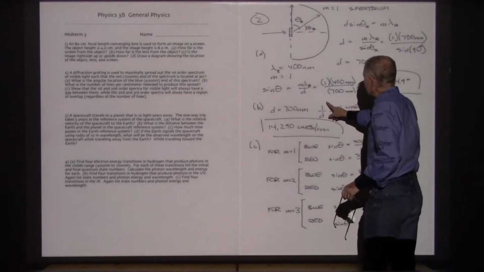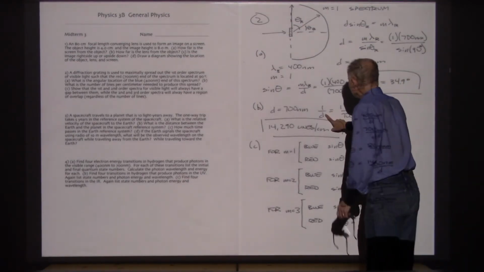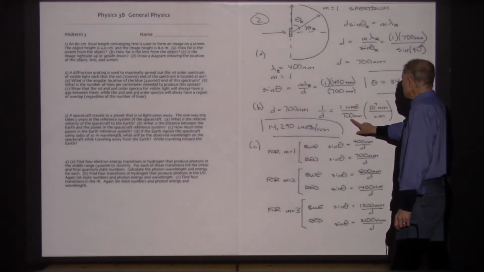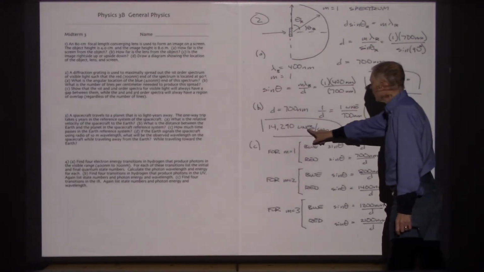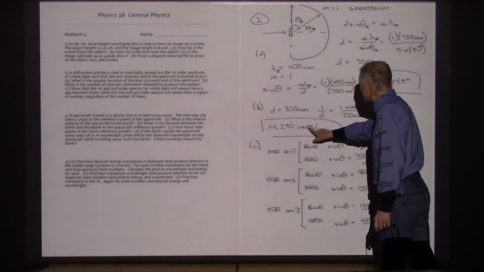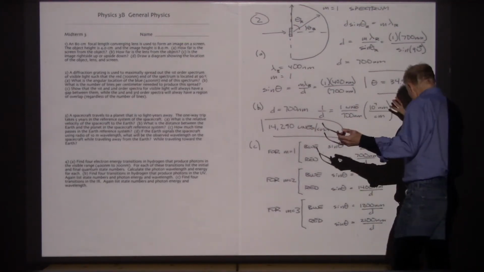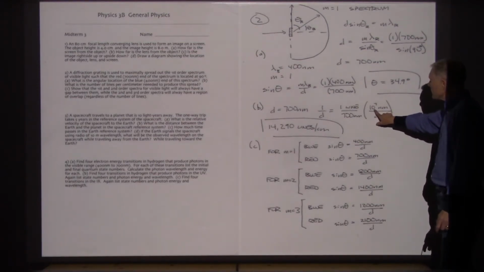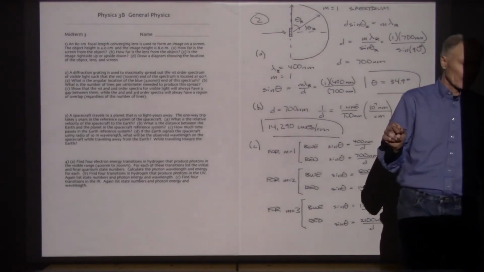So what I'm solving for here is 1 over D. That's going to give me one line for every 700 nanometers. And what they wanted this in terms of was units of lines per centimeter. Well, just like we did in lab, I think, what we can do is convert the nanometers into centimeters. Now that would be a factor of 10 to the 7th.